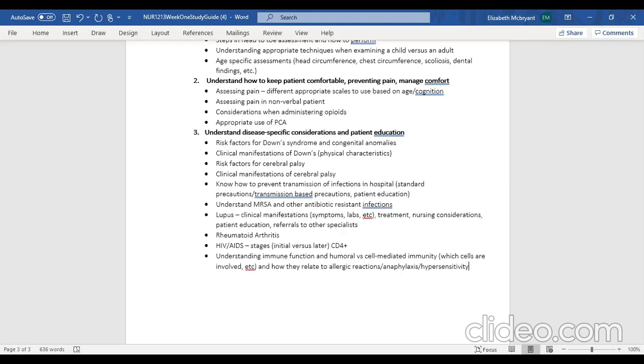But I just posted the chapters pertaining to what we're talking about, just to give you some more ATI material on the disease, whatever issue we're talking about. I also posted some practice questions, case study things with the answers to help you study that.